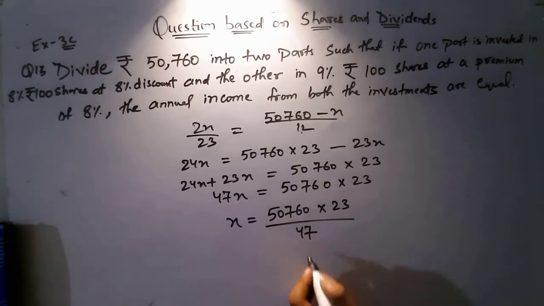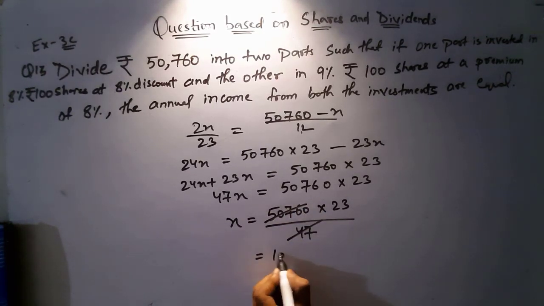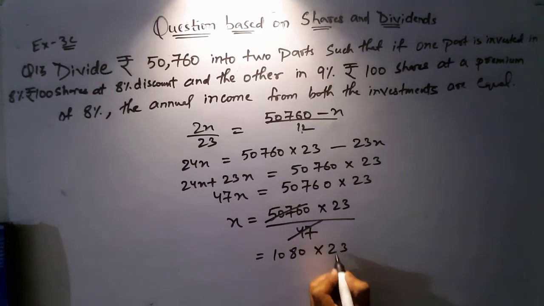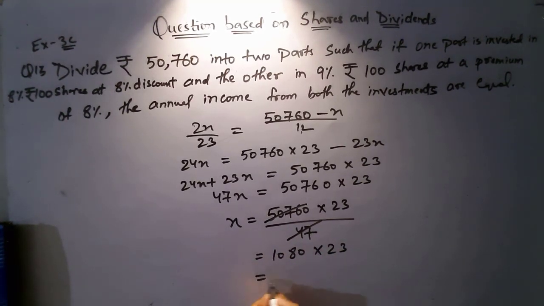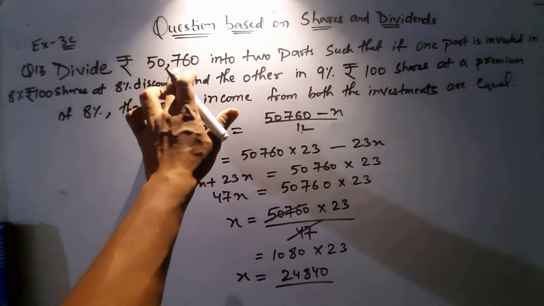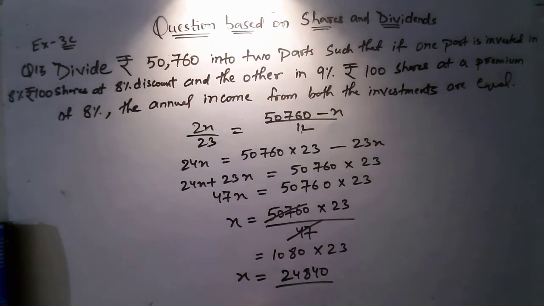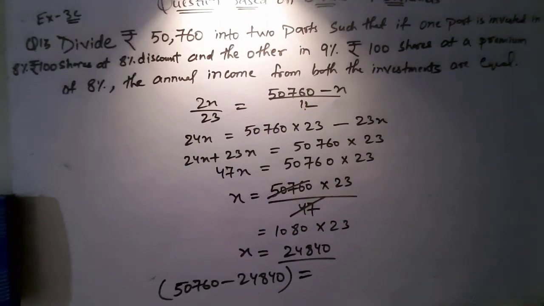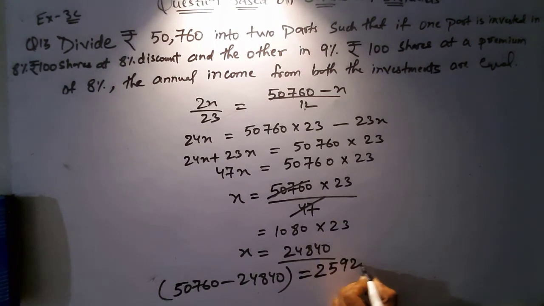When you divide, you will get 1080 multiplied by 23, and this will come 24840. So this is the value of X. The first part will be 24840 and the next part will be 50760 minus 24840, as the expression was 50760 minus X. So it comes 25920.